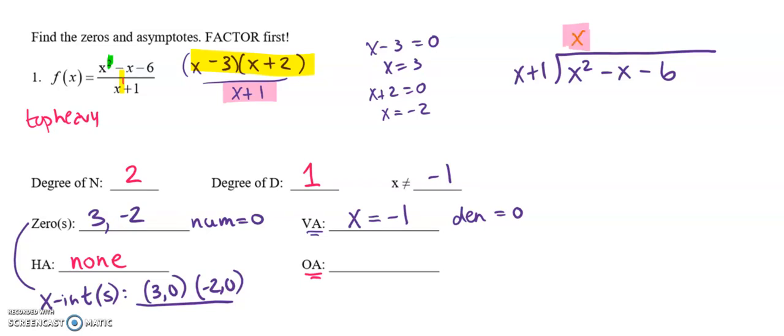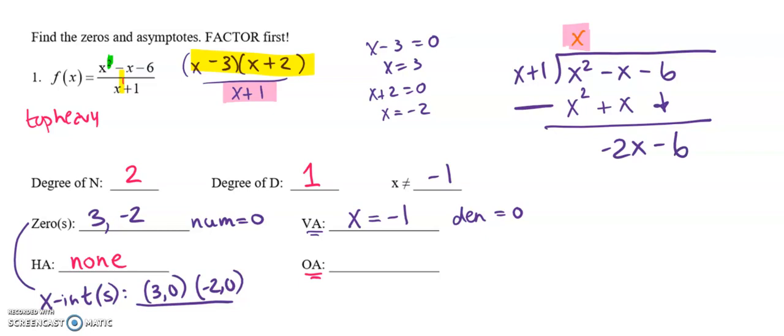Then we multiply. X times x is x squared. X times 1 is 1x. Then with long division, we always subtract, and I always put a giant subtraction. X squared minus x squared is 0. Those first terms will always drop out. Negative x minus negative x is negative 2x. And then the minus 6 drops down.